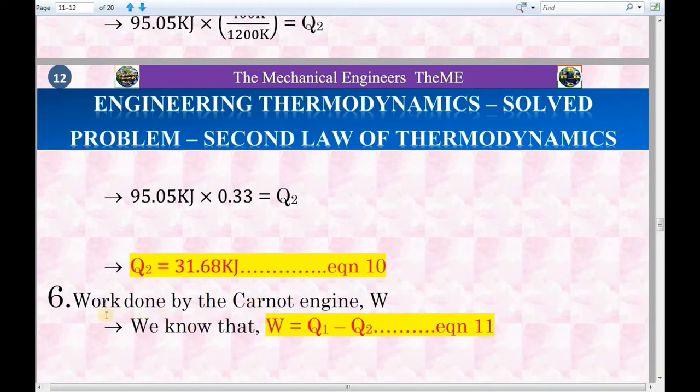Next, we will find the value of work done by the Carnot engine, which is taken as W. The universal formula for work done by Carnot engine is W is equal to Q1 minus Q2, and consider this one as equation 11. In equation 11, we know the values of Q1 from equation 7 and Q2 from equation 10. So just substitute the values.